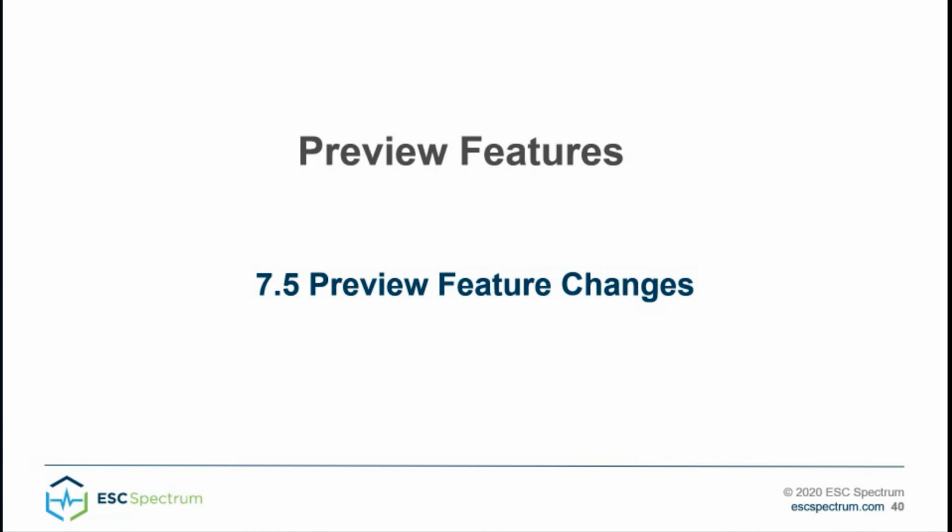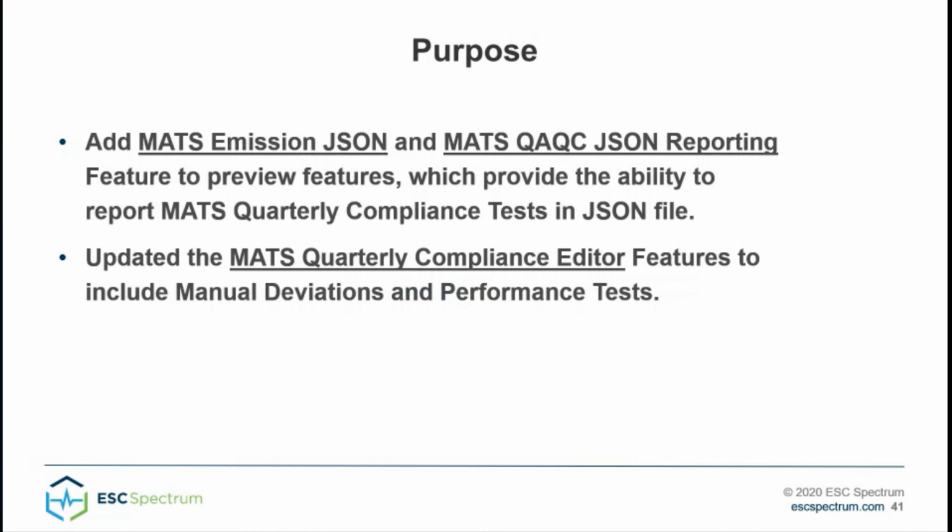All right, in preview feature changes, it's going to look a little bit different in 7.5. So now we have MATS emission JSON and MATS QA/QC JSON options, which provide the ability to report that MATS data in the JSON EDR. And then we made some updates to the MATS quarterly compliance editor, which include adding manual deviations to performance tests.